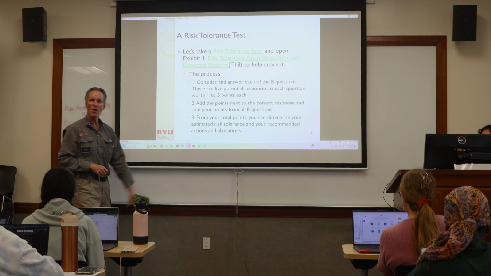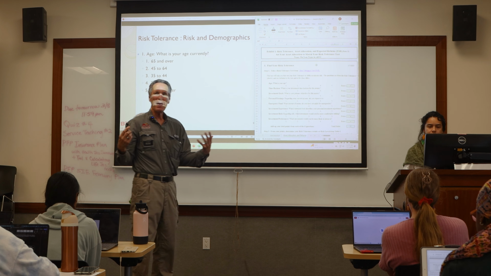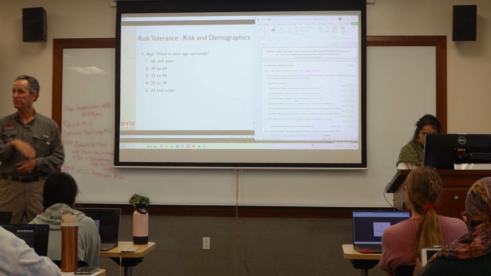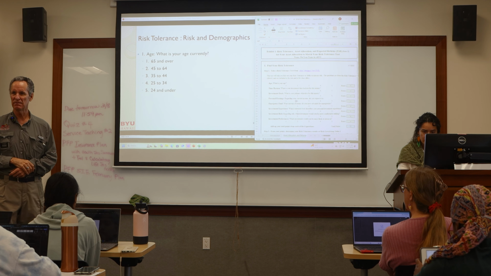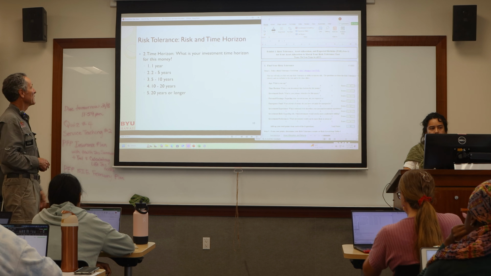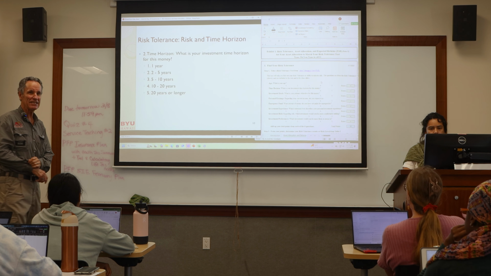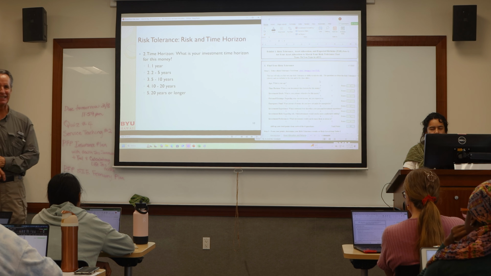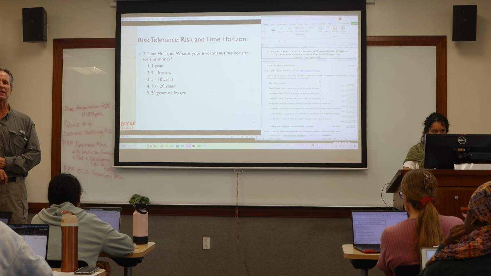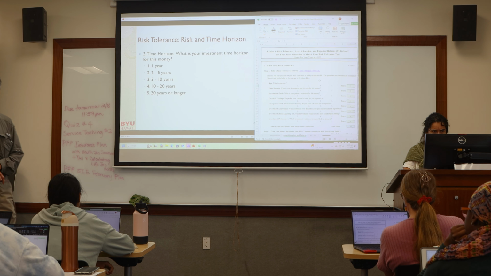Okay, what is your age currently? What's the impact of age on investing? Does age have an impact? Yeah, time horizon. Let's assume you had some money. Right now, most of you are investing in yourself, but if you had money, what would be the time horizon for the money?